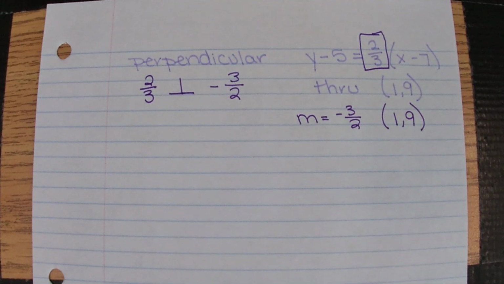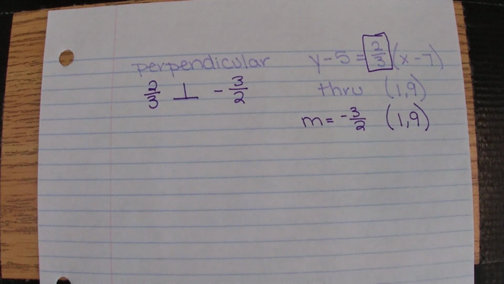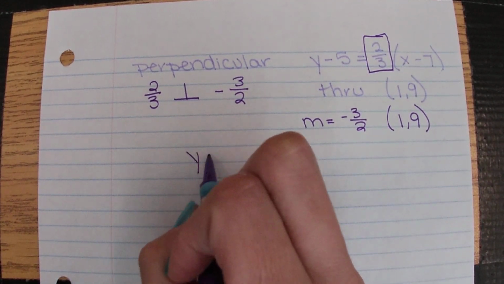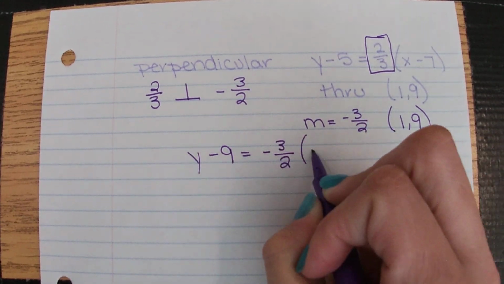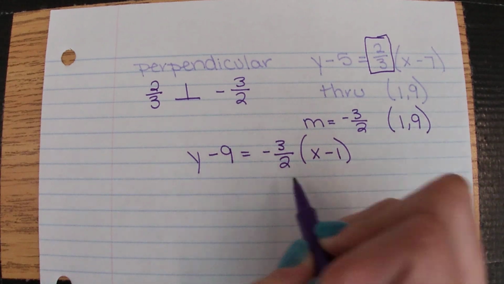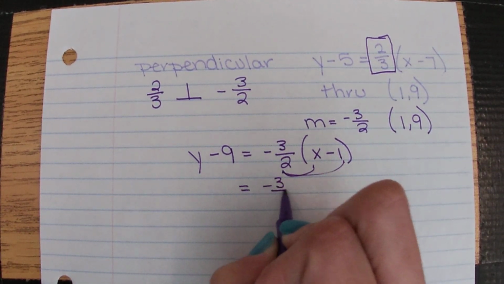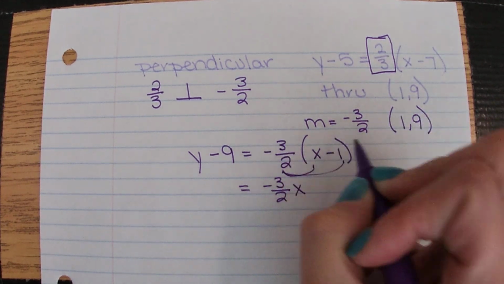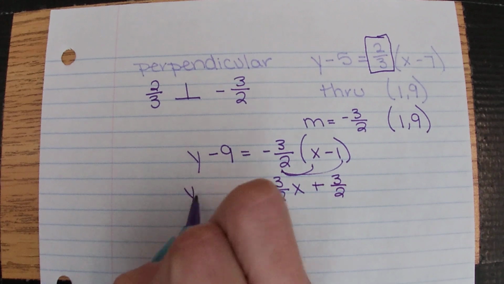So I know I want a slope of -3/2, and I want it to pass through the point 1, 9. Again, I have a point and a slope, so I'm going to plug into point slope form. So y minus 9 equals -3/2 times x minus 1. I'm going to solve, because I always solve. So I'll get a -3/2x, a -3/2 times a -1 is a +3/2.